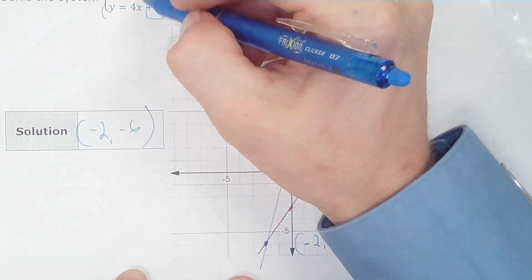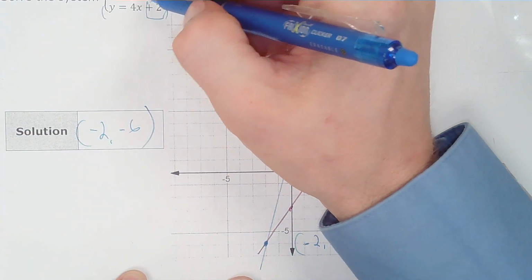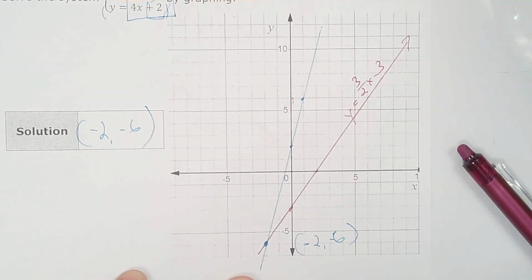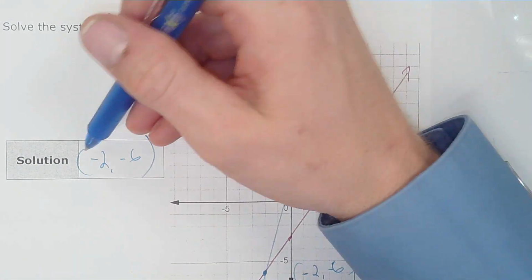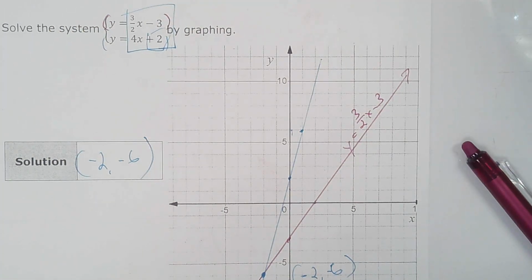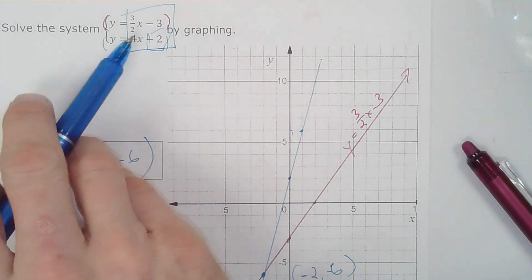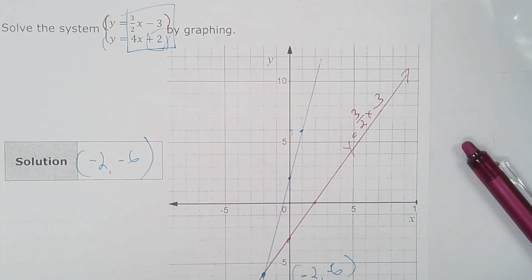And if you were to solve for x by setting those equal to each other and then plugging in, you would have gotten negative 2. And if you plug negative 2 into any one of these, you'll get negative 6. Okay? All right.